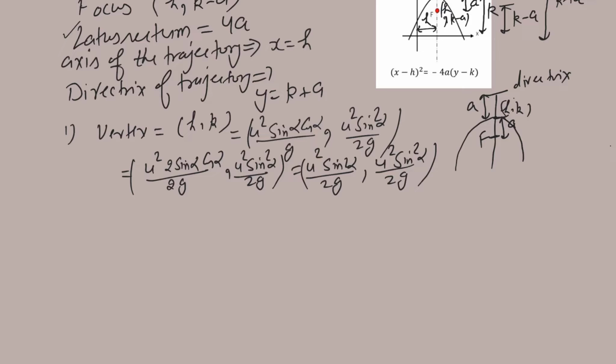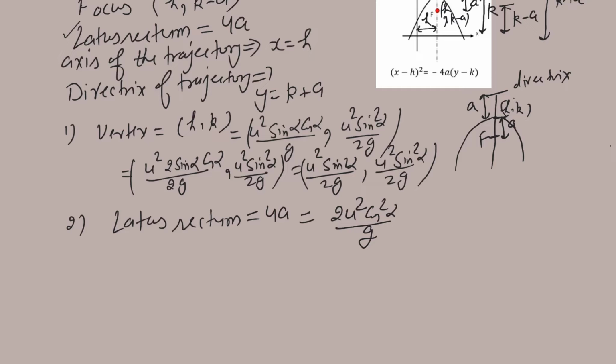Latus rectum is the second parameter we are calculating, and we know that 4a, from equation number 3, is 2 u square cos square alpha by g. So this is your latus rectum.